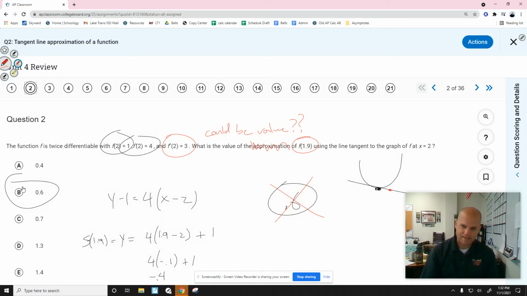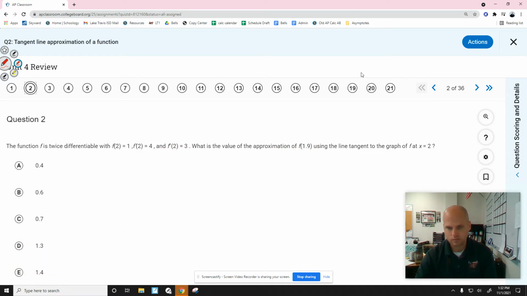So I would not say the value could be 0.6. I'd say the value could be 0.7 or 1.3 or 1.4. Usually, if they ask you that question, they'll give you those 3 options. It's like, okay, 0.4, 0.6, or 0.7. Well, 0.6 is an approximation. It's an under approximation. 0.7 would be the value. Okay, so that's a little heads up, because you have a question or 2 like that where it's talking about the value.